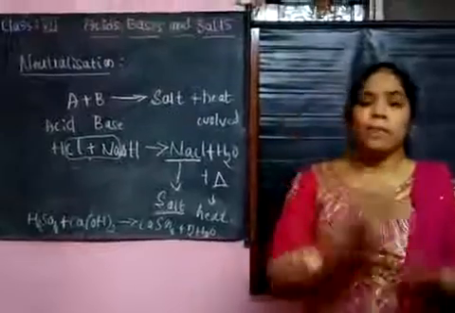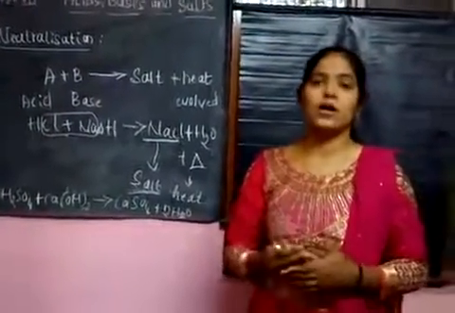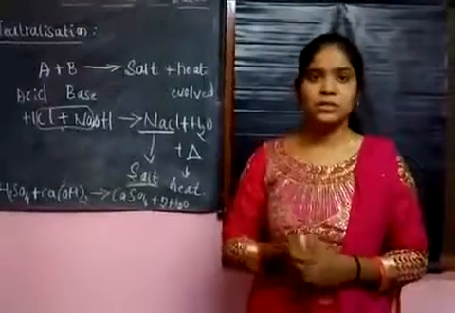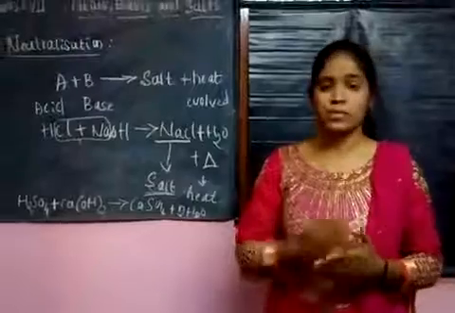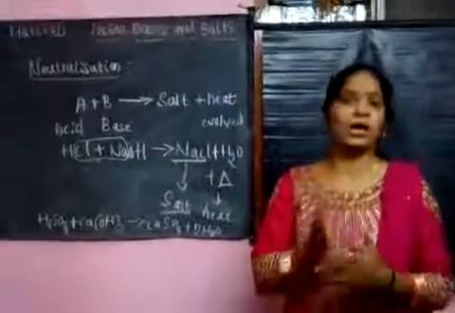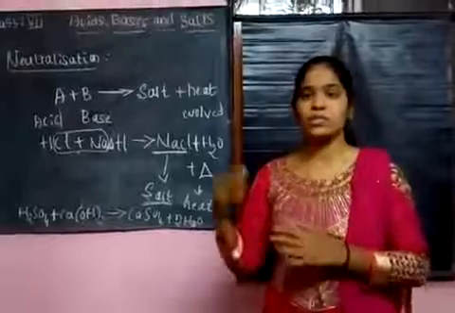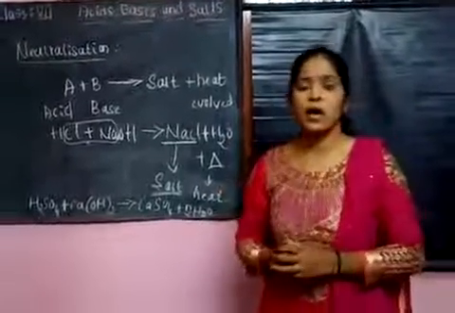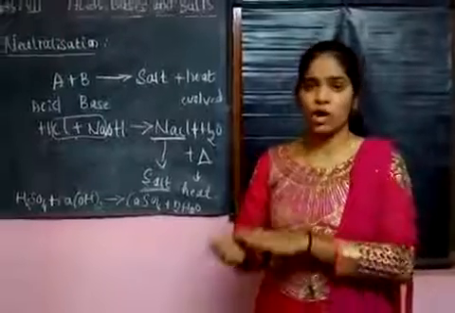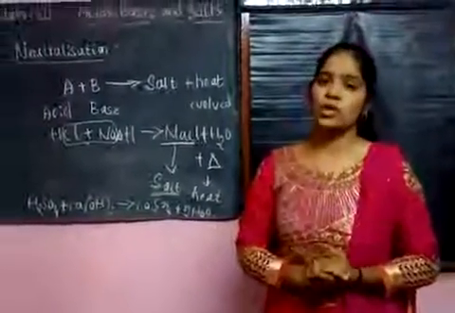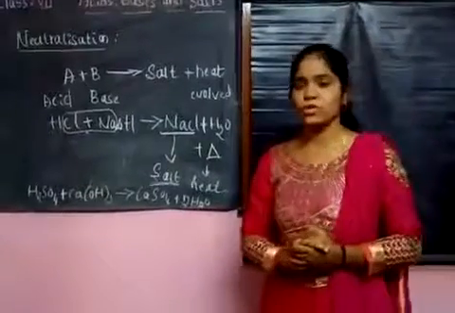If the soil is acidic, then we add a basic substance to the soil, for example calcium oxide or calcium hydroxide. If the soil is too basic, then we add compost or some acidic materials to the soil, so that it neutralizes the soil and the plants will grow easily.